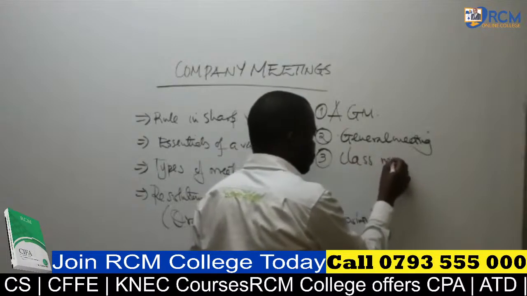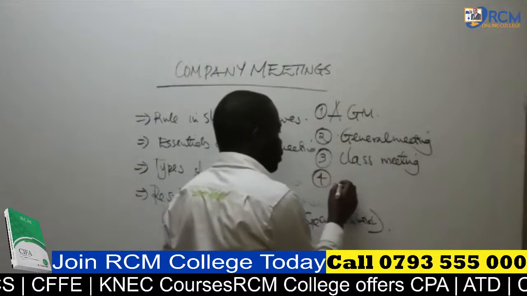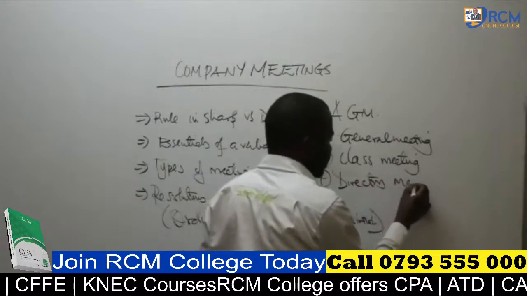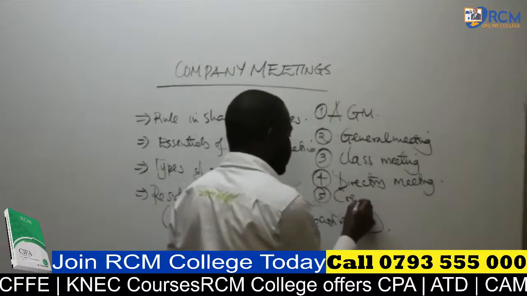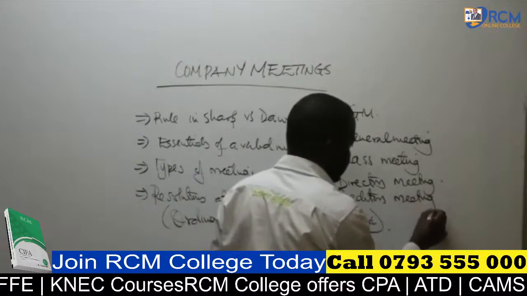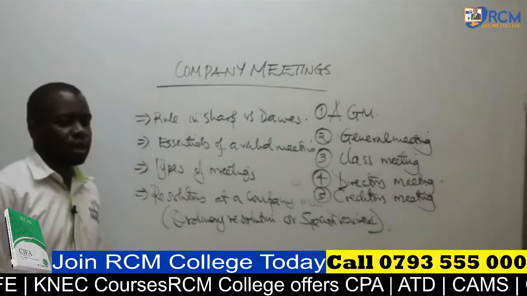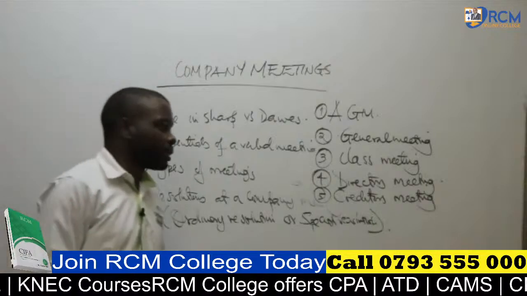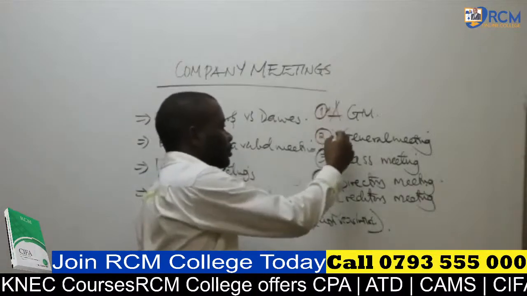Number 4, we can have a directors meeting, or a board of directors meeting. Number 5, we can have, for example, a creditors meeting in a company. These are some of the types of meetings that can be held in a company.